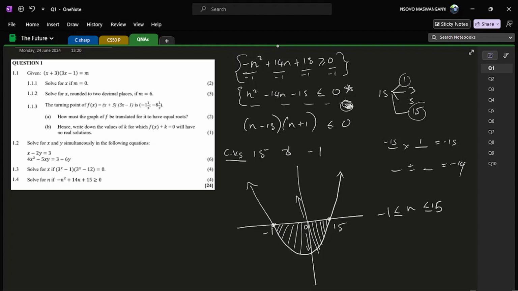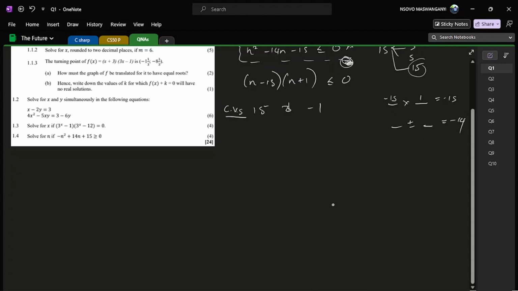But you can use the second method, which is using the number line system. Let me erase this. Using the number line system, we're going to plot our critical values like this, with -1 right here and 15 here. We look at the inequality sign and see if it has any equal. We're going to have these two points shaded because there's an equal to right there.